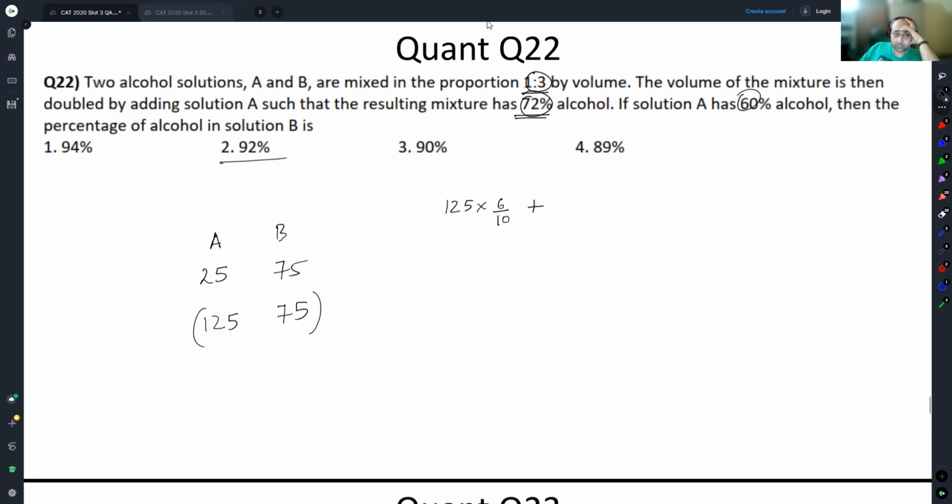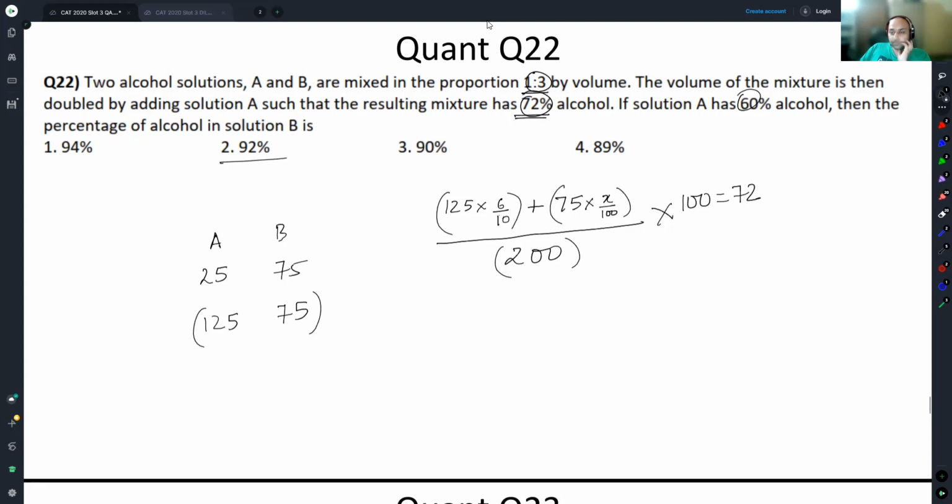Then the percentage of alcohol in solution B is, 75 into X by 100, whole thing divided by 200 into 100 is equal to 72. Alcohol content from solution A, alcohol content from solution B, total volume in the bottom. This works.